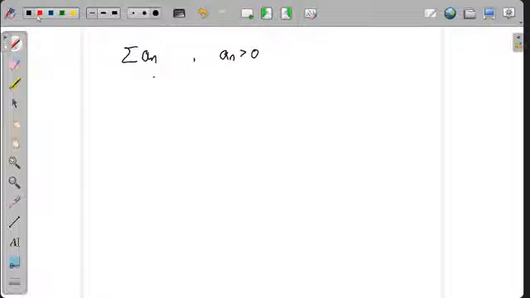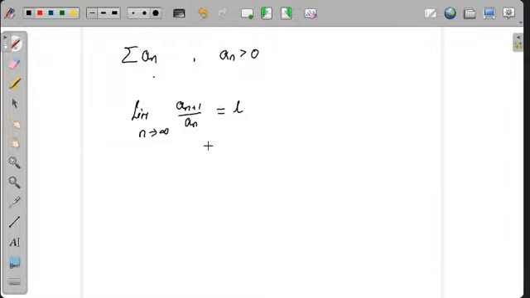Now we will take the limit as n goes to infinity of an plus 1 over an. It means we will take the ratio of the n plus 1 term and the n term. Assume that this ratio limit becomes L.